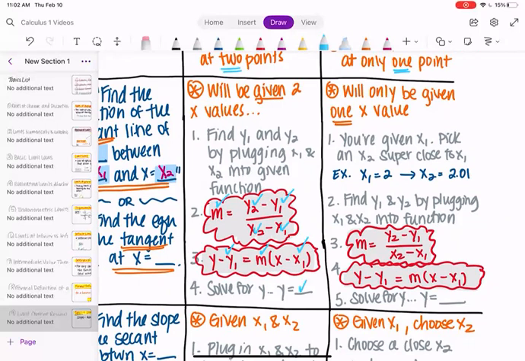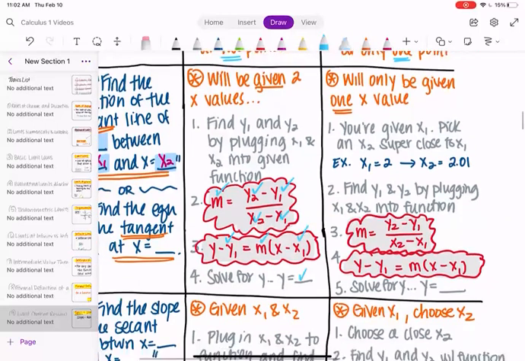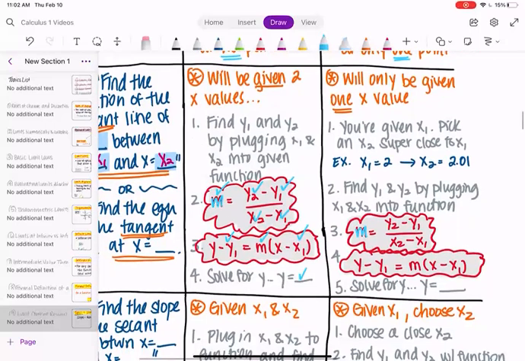So what happens to this m equation if I'm only given 1 point? Remember, in this m equation, I had both x values. For a tangent line, you're only given the 1 x value. So the workaround is that you're going to have to arbitrarily choose a second x value, because that's what the equation requires. But the difference is, we're going to choose an x value that's incredibly close to the one we were given.